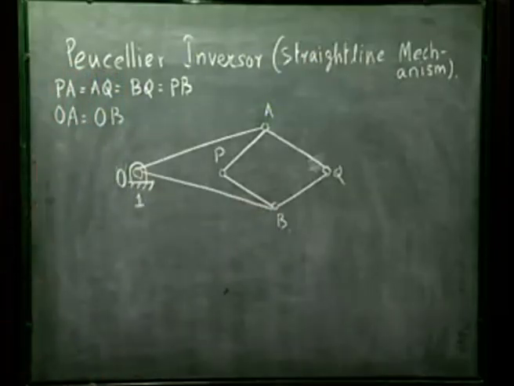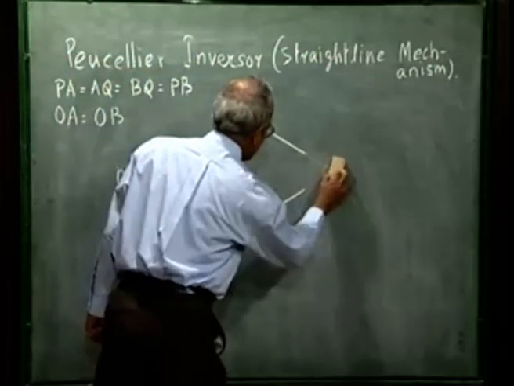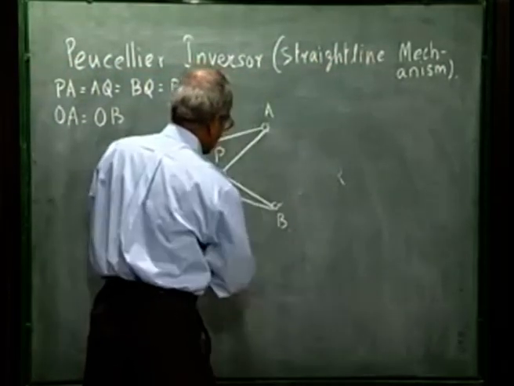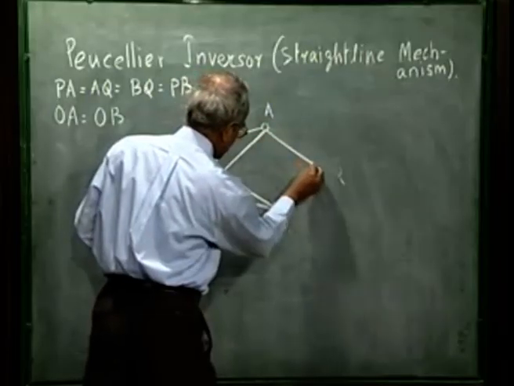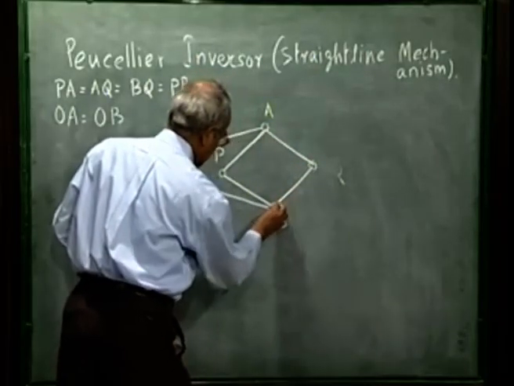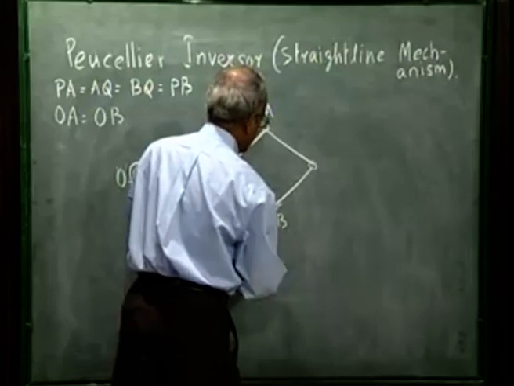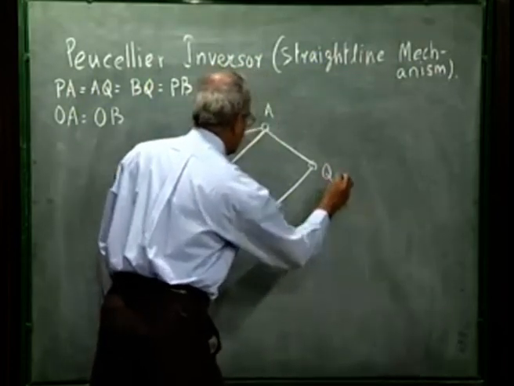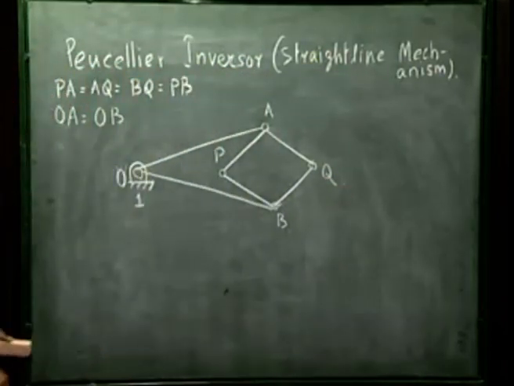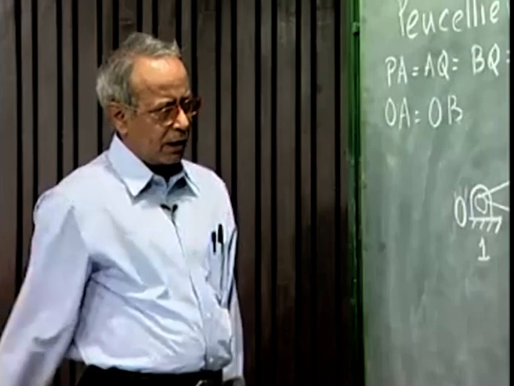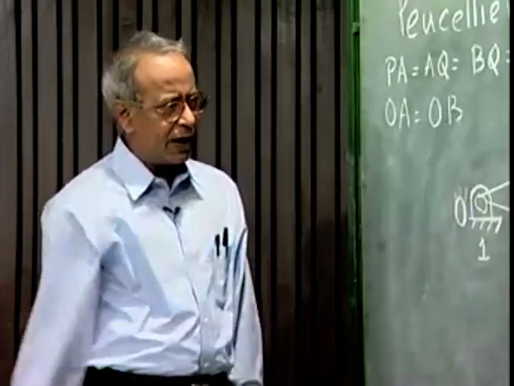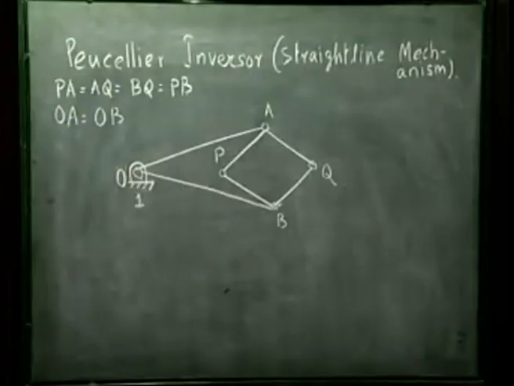So let me first make these link lengths equal, they don't look good. So let me now calculate the degree of freedom of this assembly.